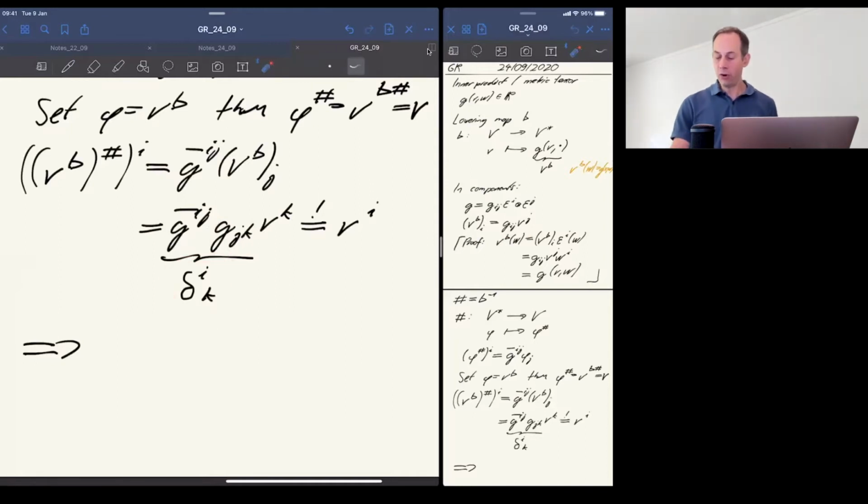If I interpret these coefficients as the entries of a D times D matrix, where D is the dimension of the vector space, so the indices run over the different basis vectors, then this corresponds to the statement that the matrix defined by G bar times the matrix defined by G gives the identity matrix.